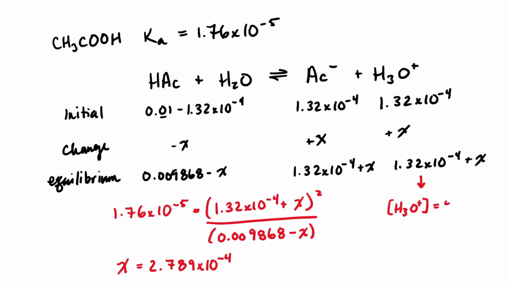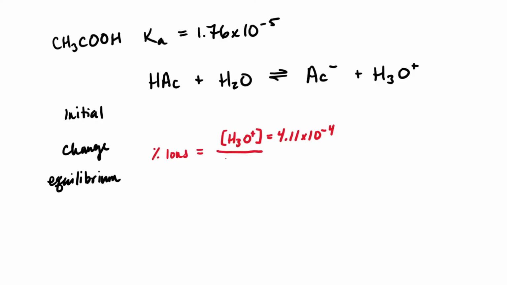And that means that our final concentration of hydronium is 1.32 times 10 to the negative 4 plus 2.789 times 10 to the negative 4, which is 4.11 times 10 to the negative 4, and our pH rises to 3.37, which should make sense. If we kept adding more and more water without adding any more acid, then the concentration of the acid is going to go towards zero, and the solution is going to behave more and more like neutral water, so its pH will move towards 7.